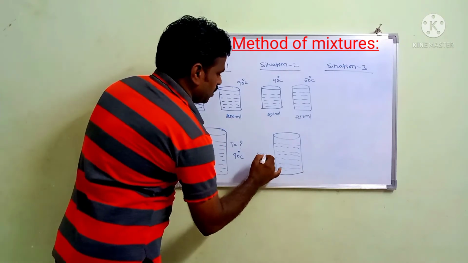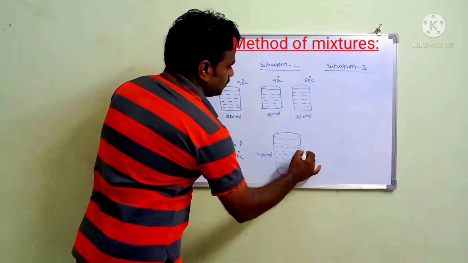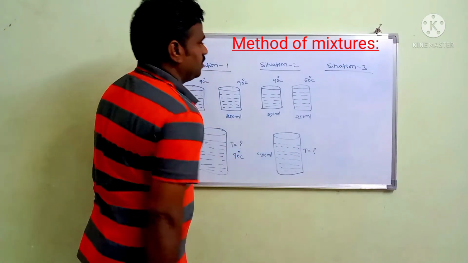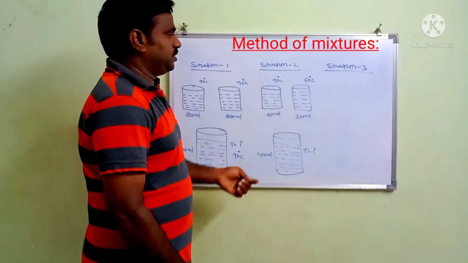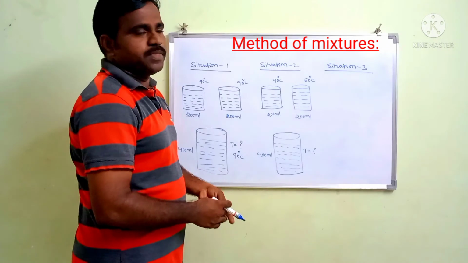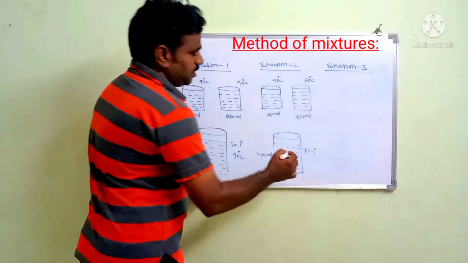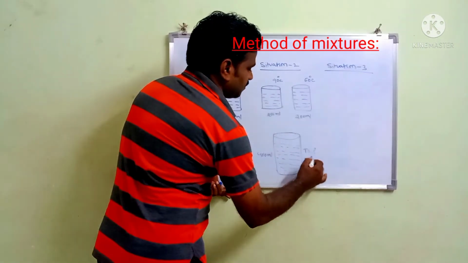This is also 400 ml of water. Then what is the final temperature? Generally, same amount of water, so for that reason 90 plus 60 is 150, and 150 by 2 is nearly 75 degrees centigrade of temperature.